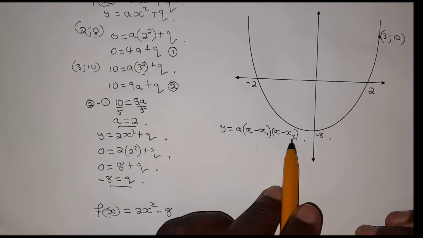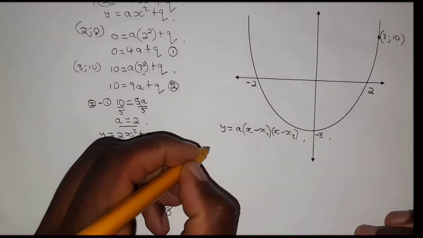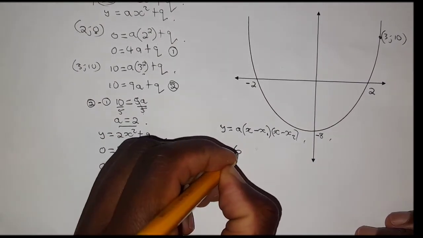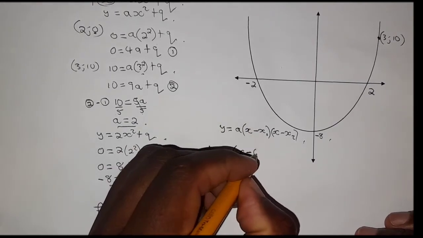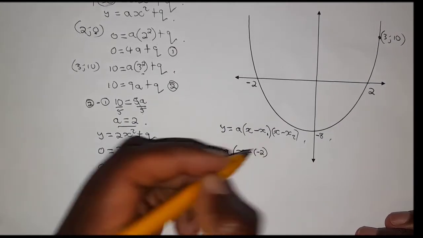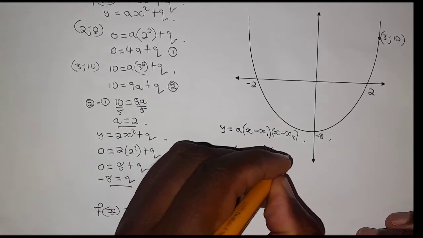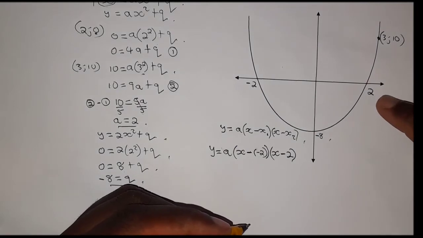Now the x1 and the x2 are the x-intercepts. So in this case, we are just going to say y is equal to a bracket x minus, our x1 is negative 2, so it's minus negative 2. And then you close bracket, open another one, x minus 2, since our second intercept is 2.